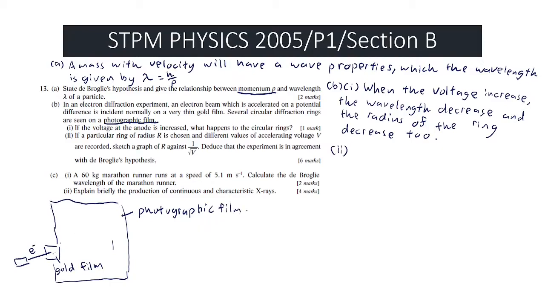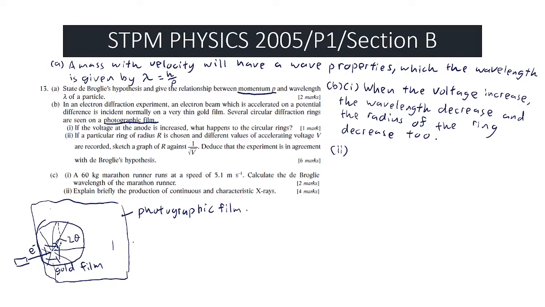So here, when hitting this gold film, the electrons will diffract out, something like so. Let's draw it bigger, something like so. And you will observe a circular ring on the front here. Now let's say this is the center of the ring. We can draw a triangle from here to here, and this angle here will be given by 2 theta.